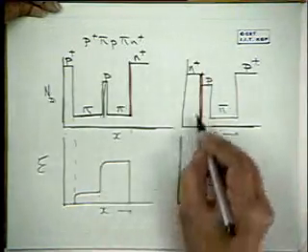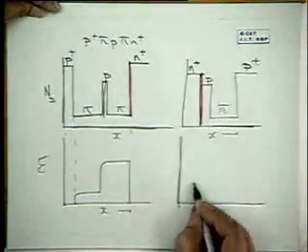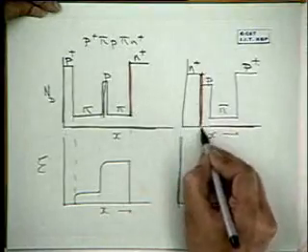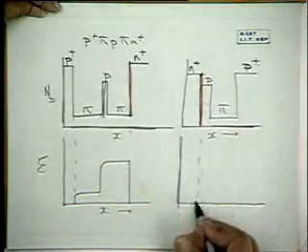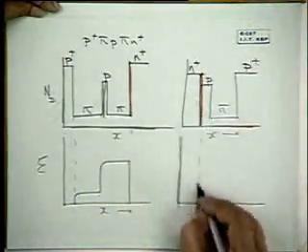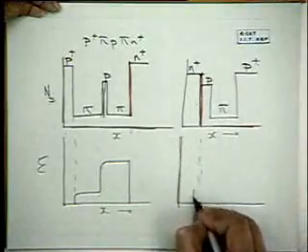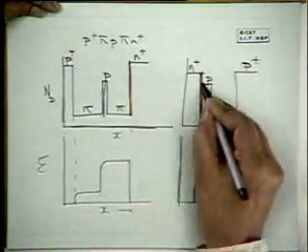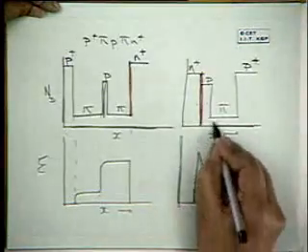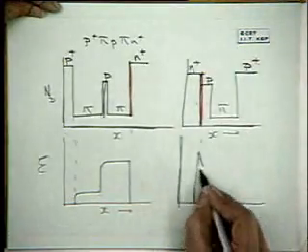Here, of course, the structure is different. Here, the electric field is maximum. So in this N plus region, the electric field suddenly builds up, and it's maximum here. It remains constant.